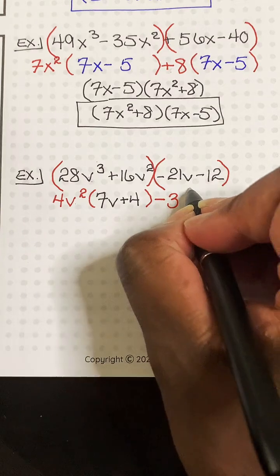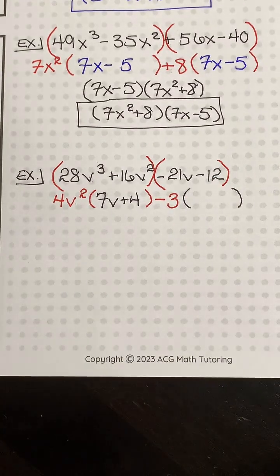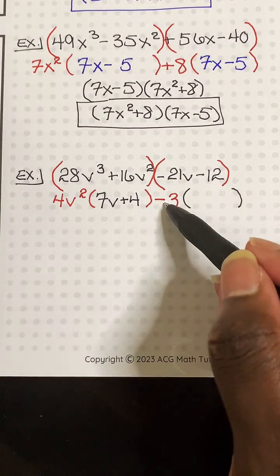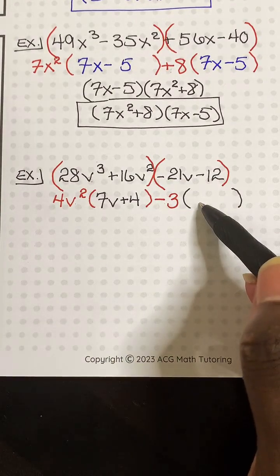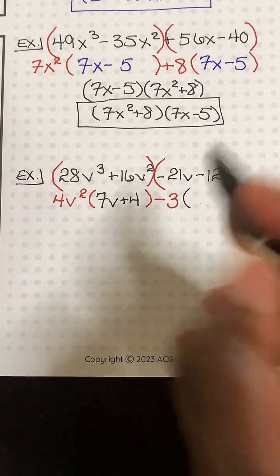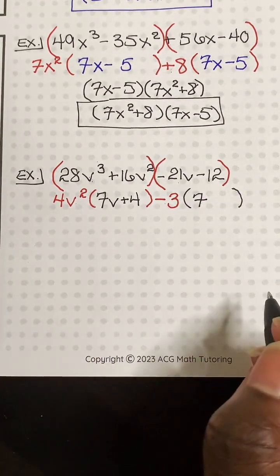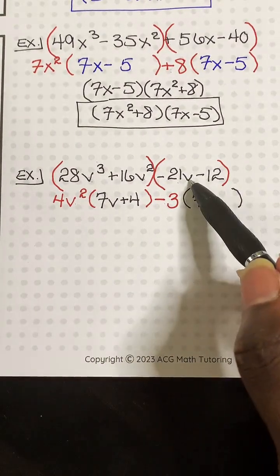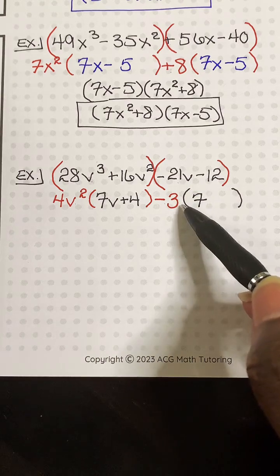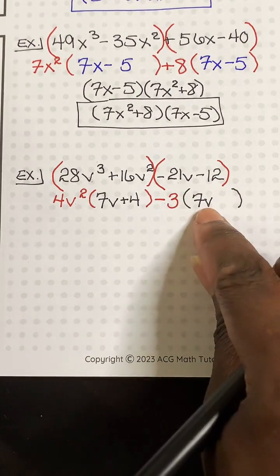So now we have to divide. A negative divided by a negative is a positive. 21 divided by 3 is 7. So we got a positive 7. The 21 has a v, but the 3 does not. So if I can't break it down, I'm going to bring it down.